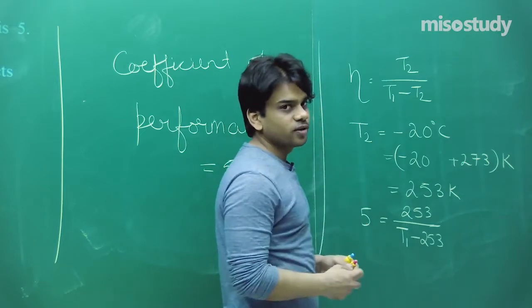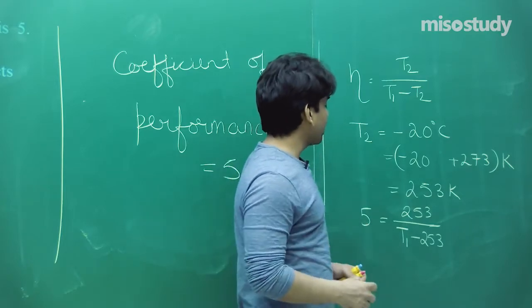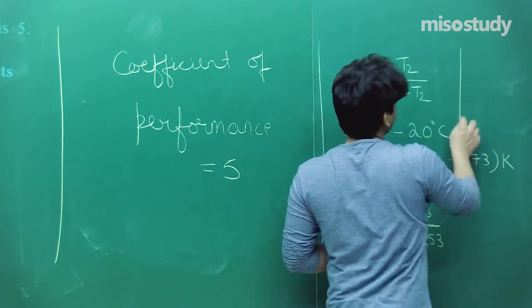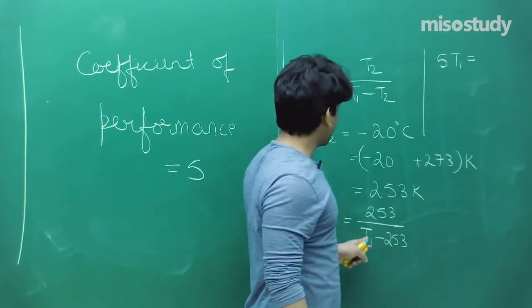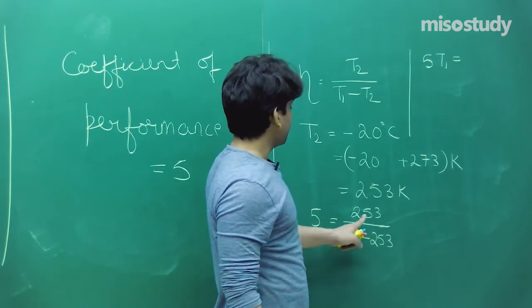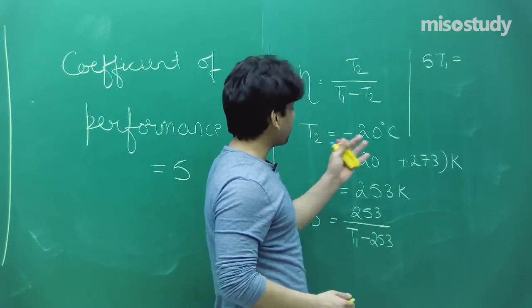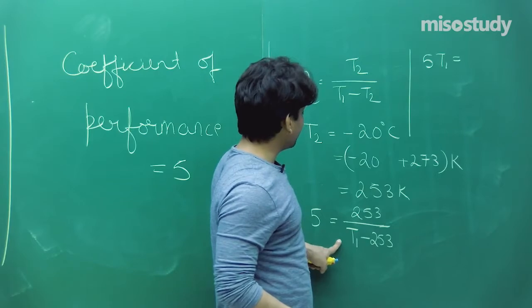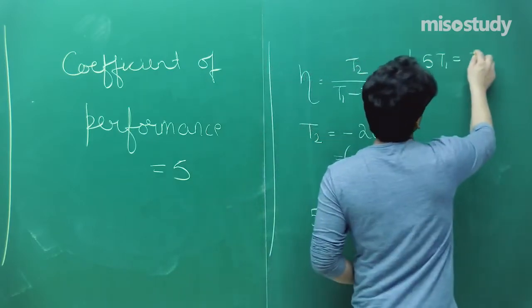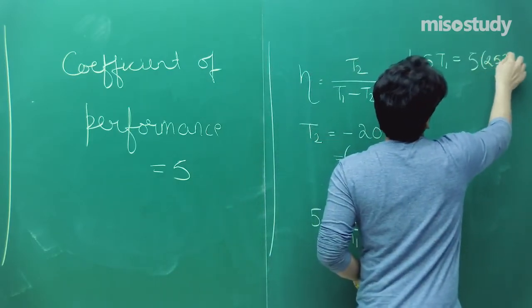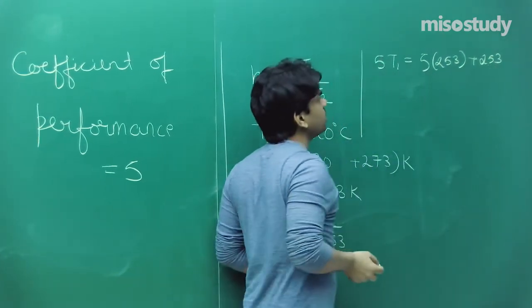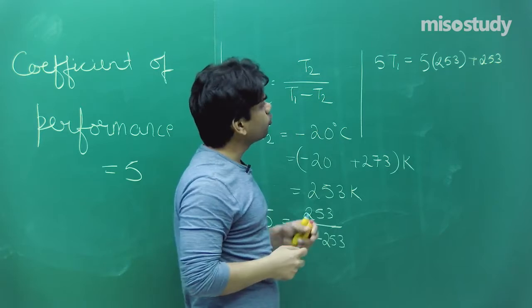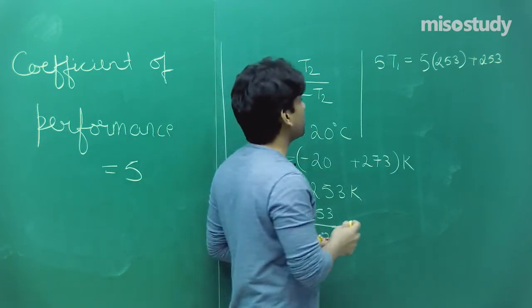All we require to evaluate this, 5 T1 minus 253 into 5, so you will be getting 5 T1 is equal to, this will be minus 253 into 5, it will go, then it will become plus 253, so you will be getting 5 into 253 plus 253. Now you can easily evaluate this, 6 into 253 divided by 5.